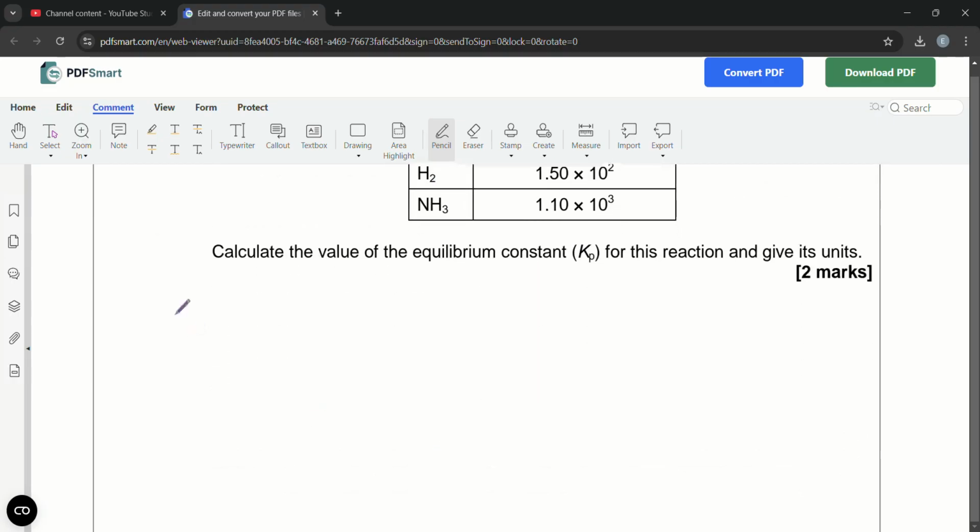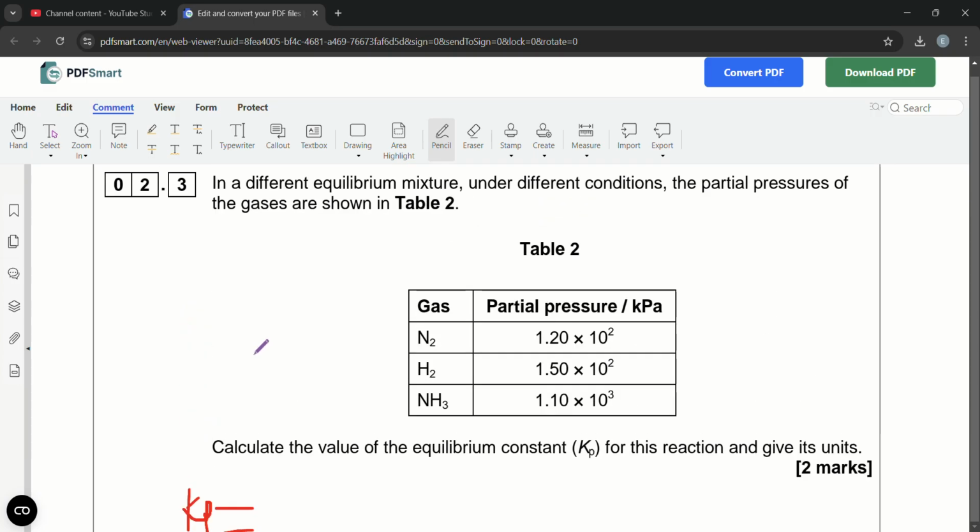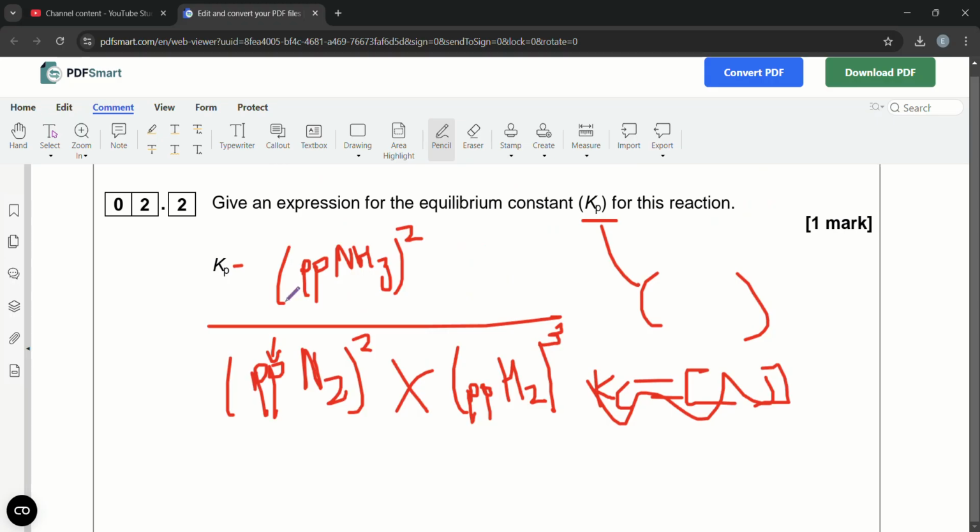Well, we know Kp equal to the partial pressure of NH3 squared.